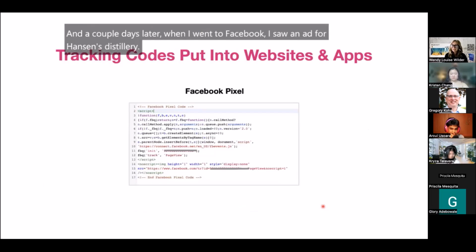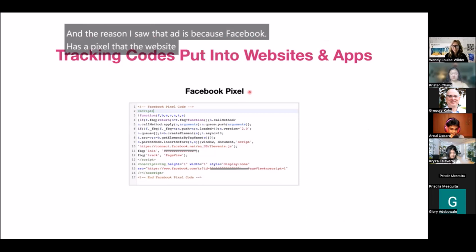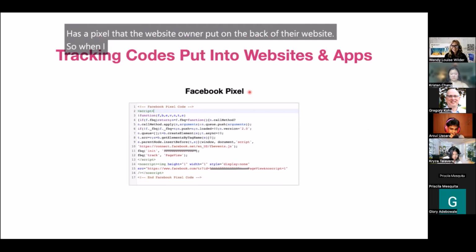And the reason I saw that ad is because Facebook has a pixel that the website owner put on the back of their website. So when I went there, it said, ping, Wendy's visiting our website. When she goes to Facebook, show her our ad.